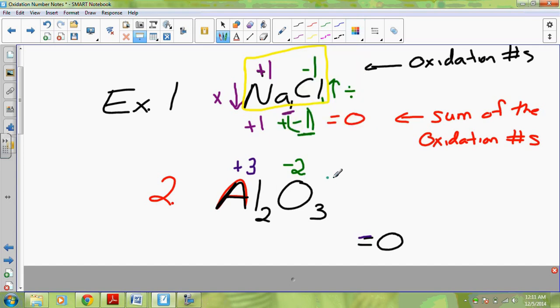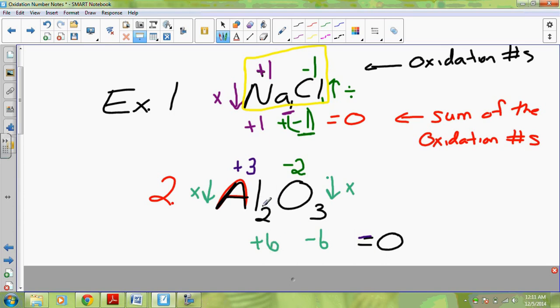So, remember when we go down, we multiply. So negative 2 times 3, right here, is going to equal, hopefully you guys said, yep, negative 6. And plus 3, once again we're going down this time because we have both numbers already up there, plus 3 times 2 aluminums, because there's 2, and that's plus 6.